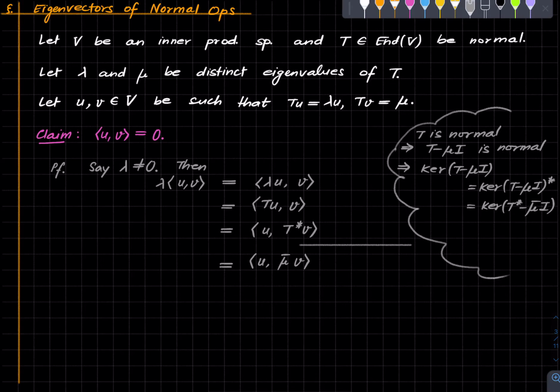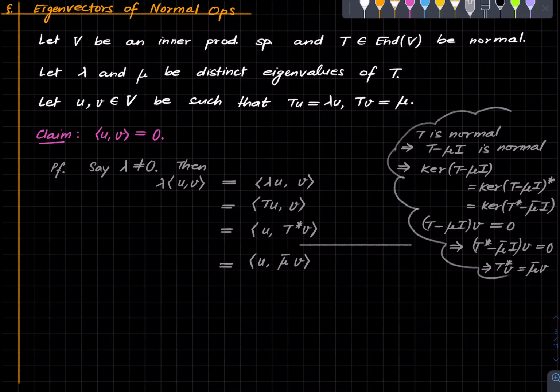Now since T minus mu I of v is equal to 0, we have this equation. So therefore T star v is mu bar v. So that explains it.